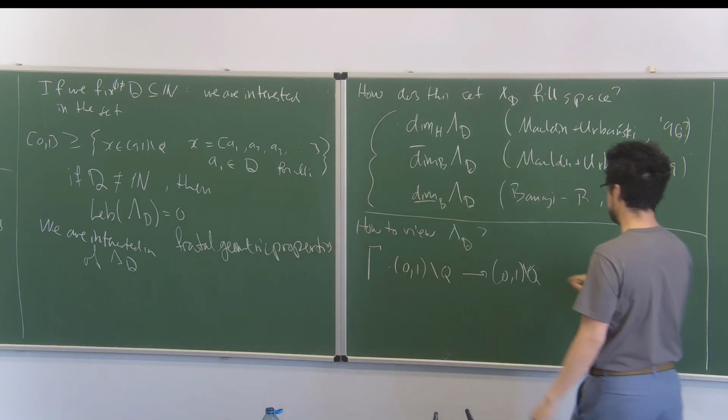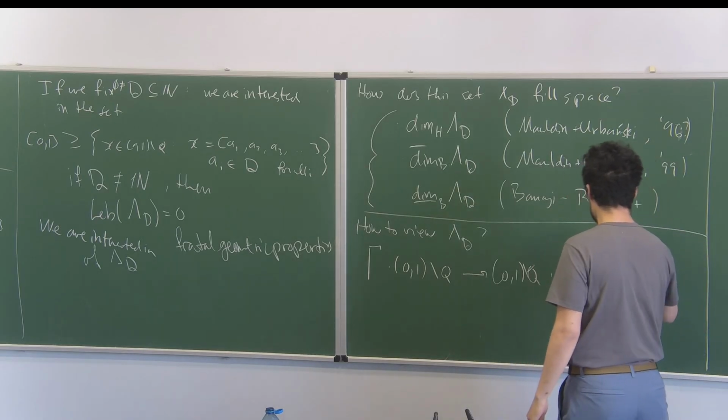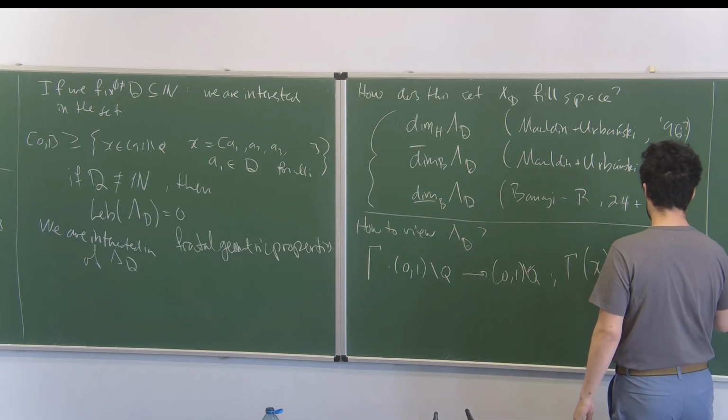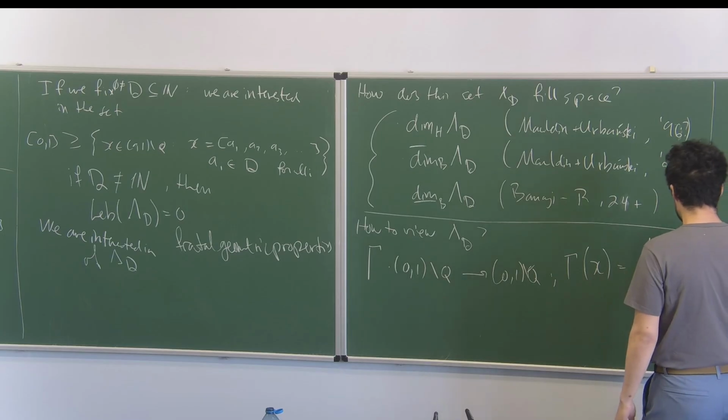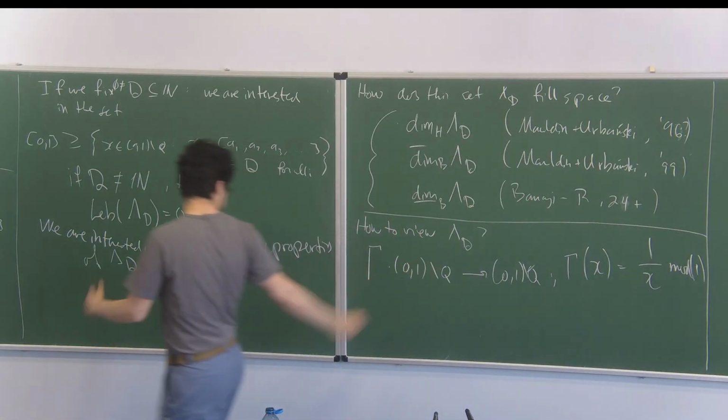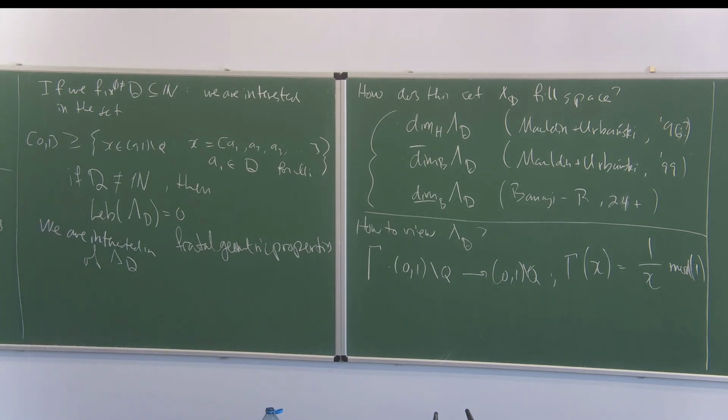And what does it do? Well, it takes a point x, we take the reciprocal, and then we take it mod 1. Because it's an irrational, this is well defined. We start with an irrational number, we will end up with an irrational number.